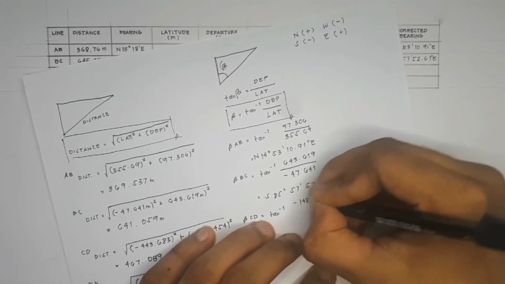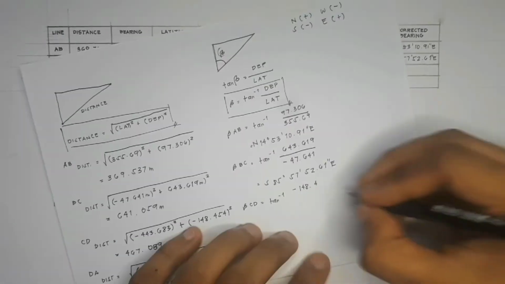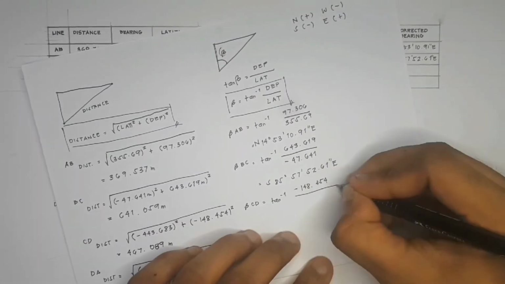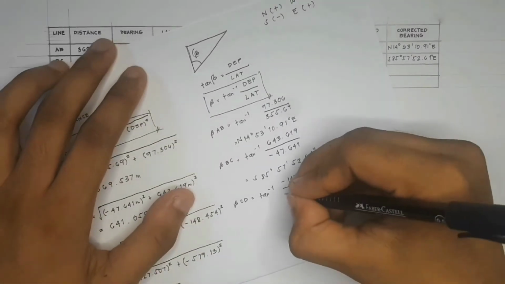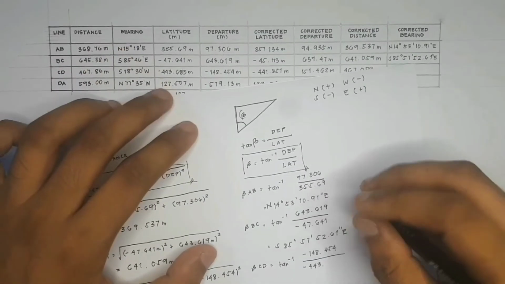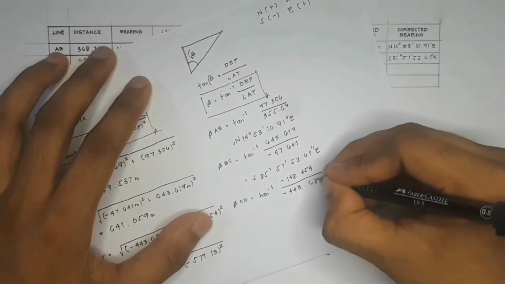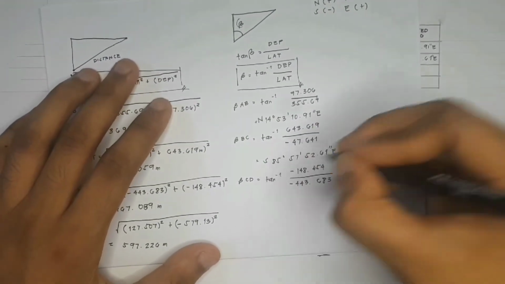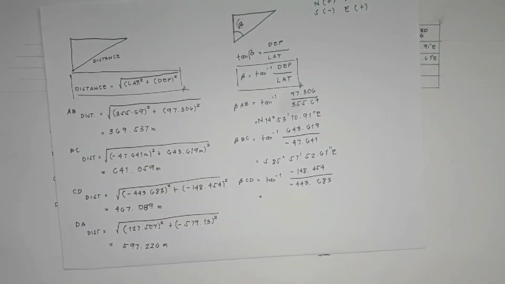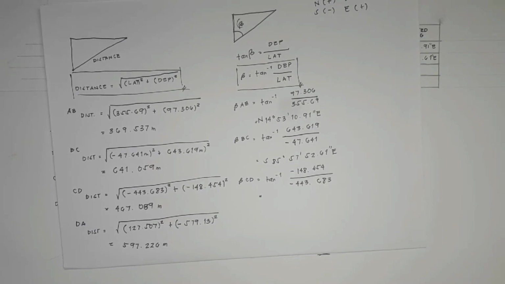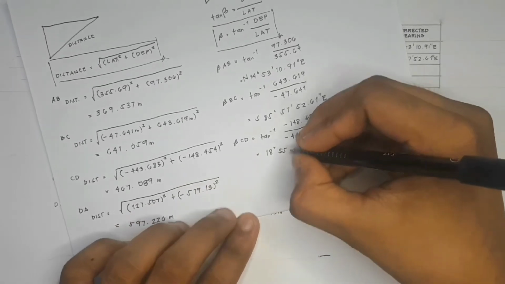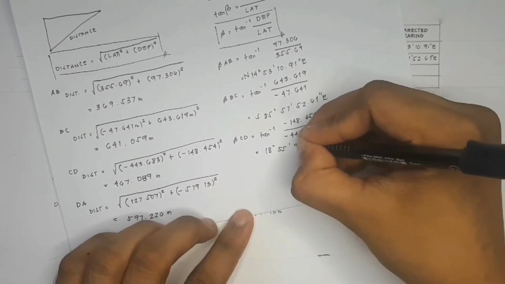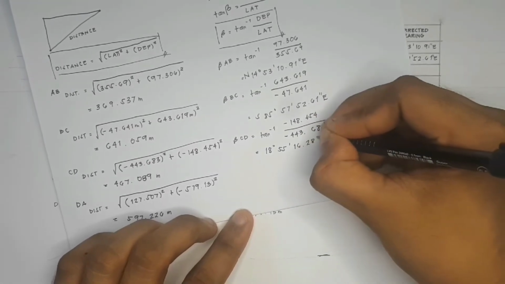For our bearing angle of line CD, we have the arctangent of departure of line CD. So we have the departure negative 148.454 over the latitude of line CD, negative 443.683 meters, and this will give us 18 degrees 55 minutes 16.28 seconds.